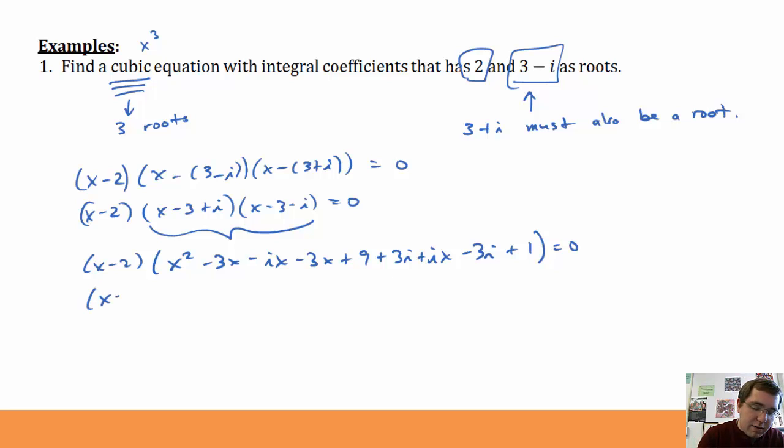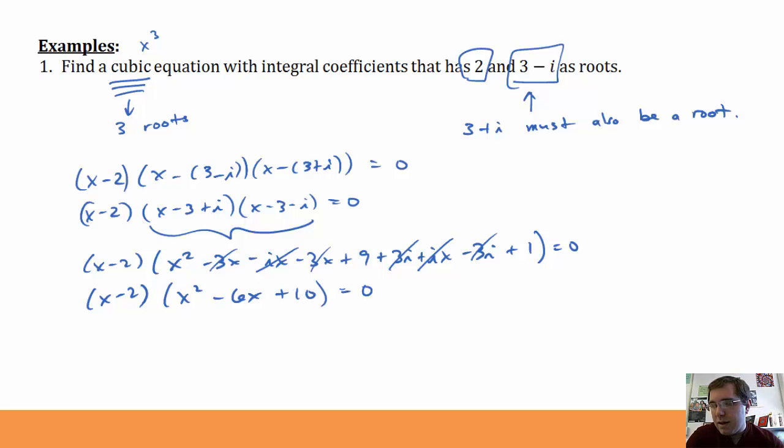Okay, I simplify that whole thing. I'll have x squared. I've got a -3x and another -3x will make -6x. That negative ix and the positive ix cancel. I've already taken care of the -3x's. I've got 3i and -3i, they cancel, and I've got 9 plus 1, which is 10.